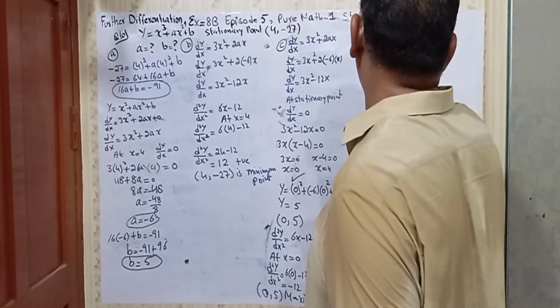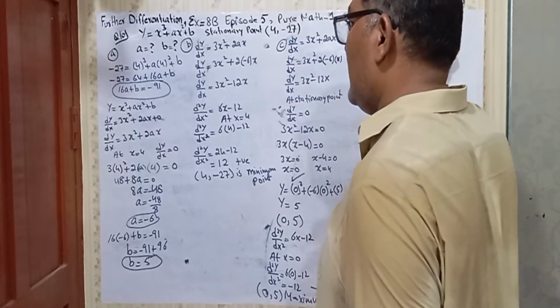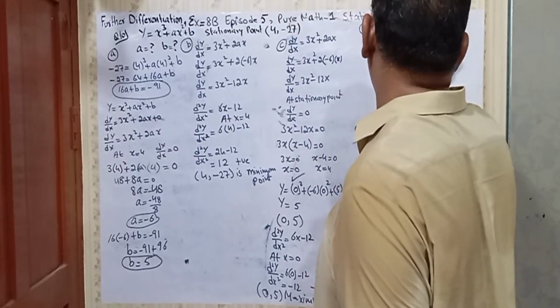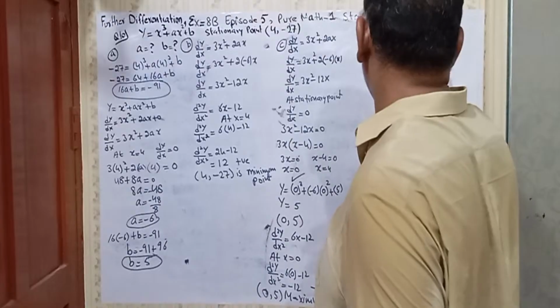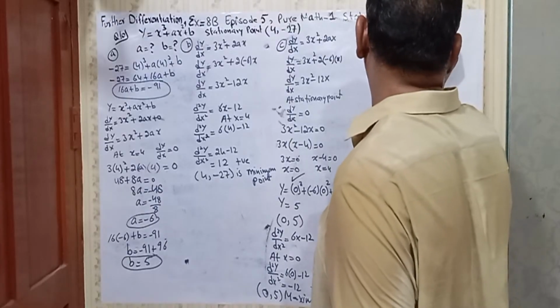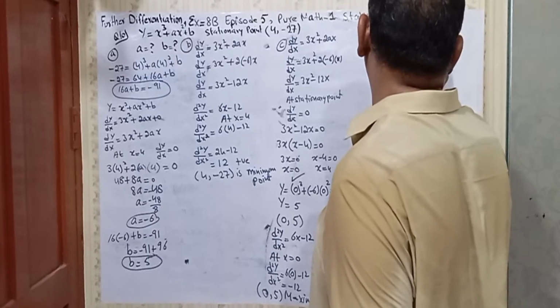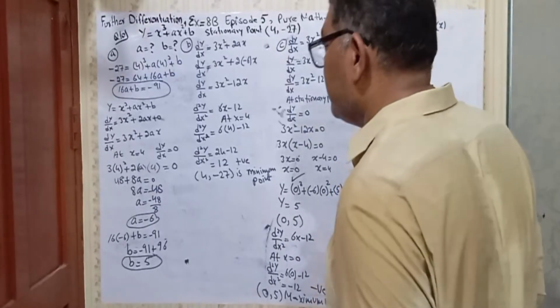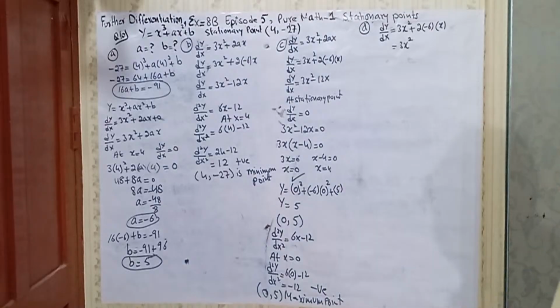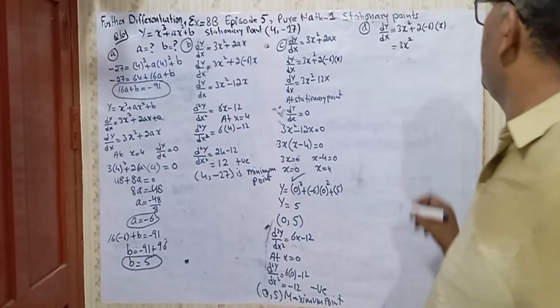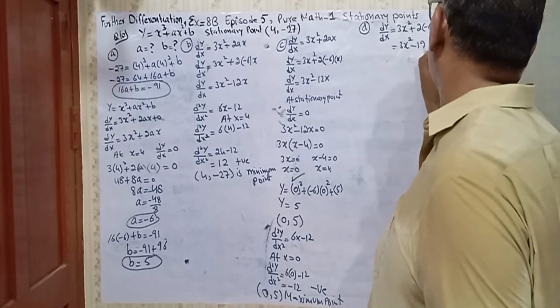Its formula is 3x² plus 2 into a, which is minus 6, into x. So this is 3x² minus 12x.